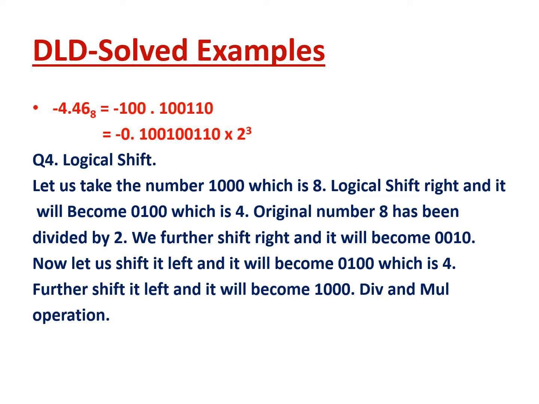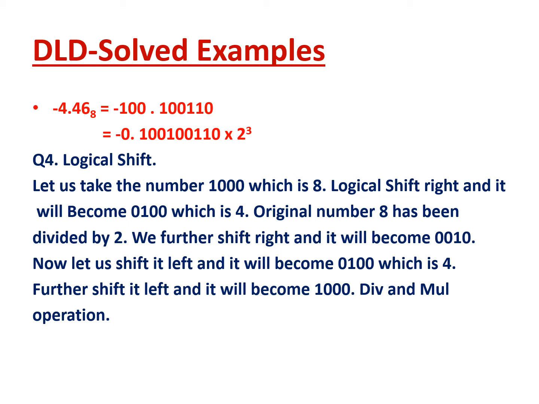So the original number was 8, and 8 has been divided by 2 in this case. That means when the computer is dividing by 2, it is basically shifting right, or if multiplying by 2, then it is shifting left. Okay. We further shift right, and it will become 0010. Now let us shift it to the left, and it will become 0100, which is 4.